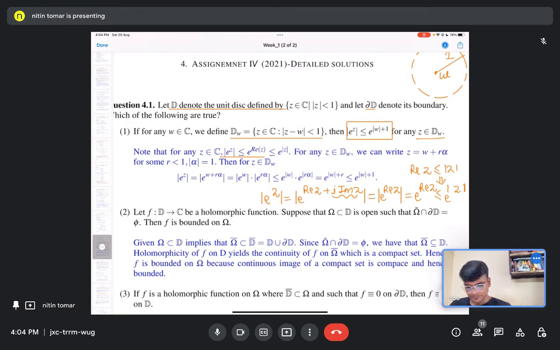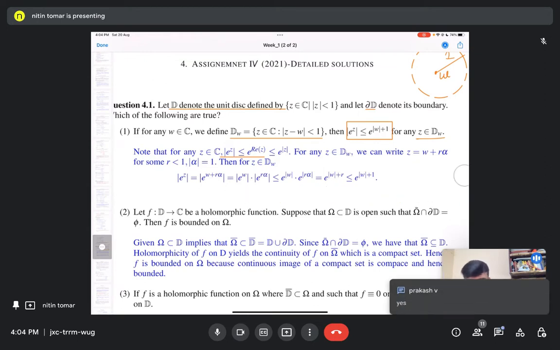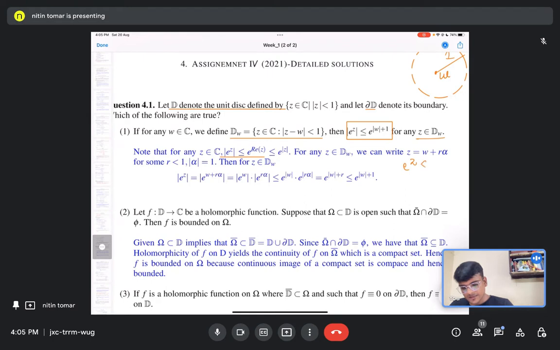Okay, is this fine? I guess yes. So what do we get basically? We'll use this inequality time and again, that the modulus of e^z is less than or equal to e^(mod z). So now look at this.